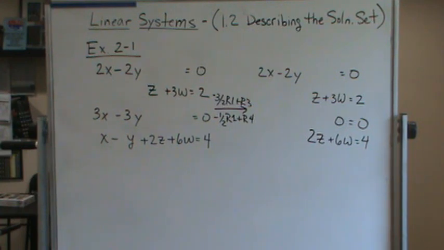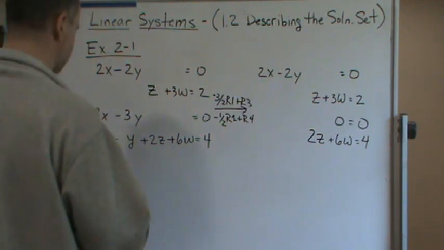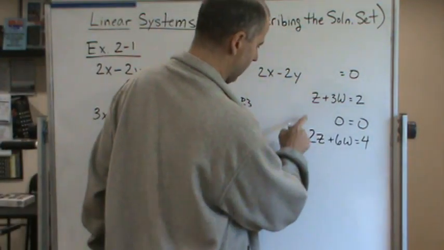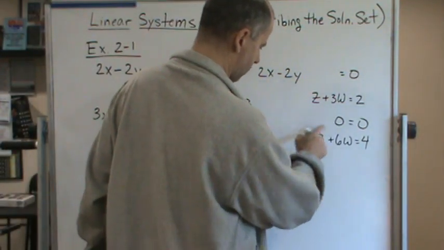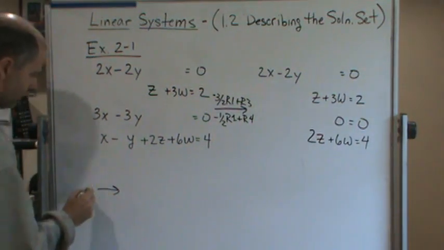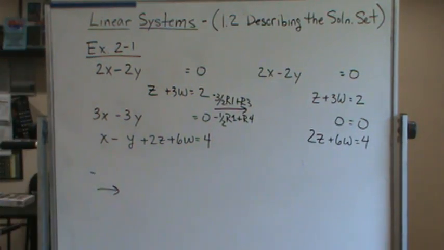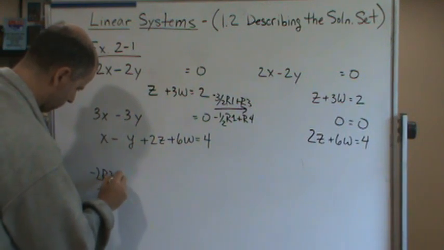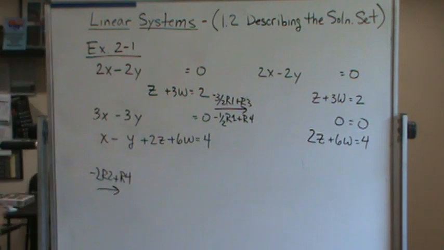Now what we're going to do is take negative 2 times row 2 plus row 4, because we're going to eliminate this.